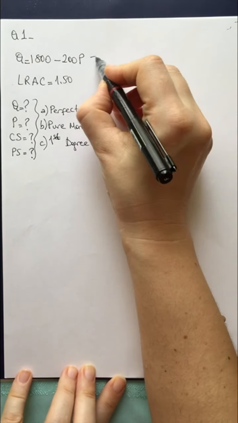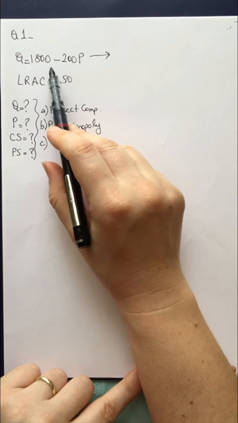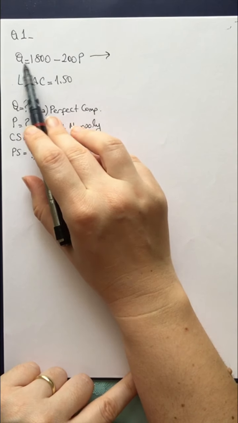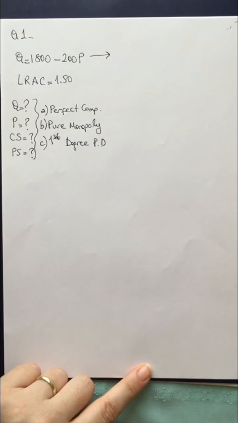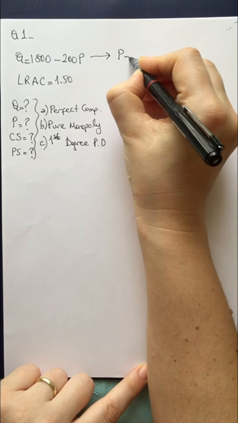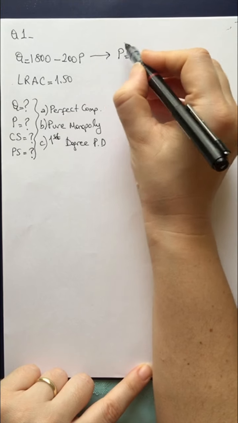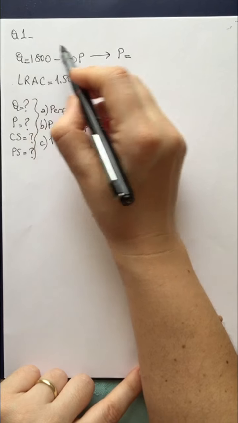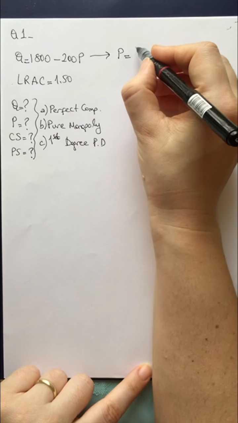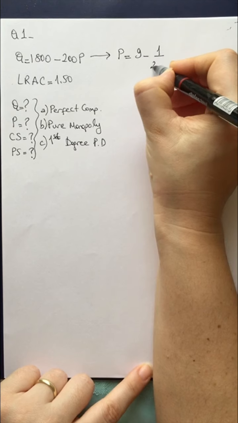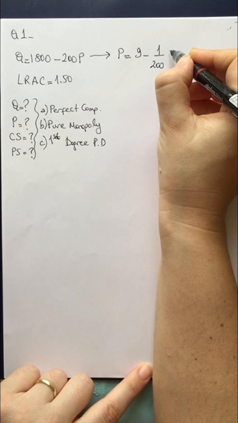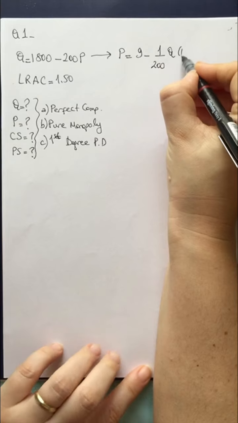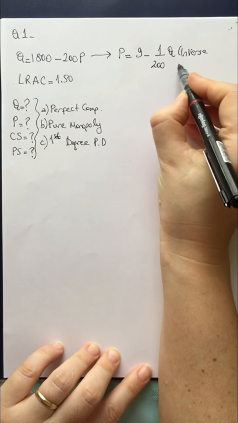Okay, now let's start by finding the inverse demand function, because we need it to find the marginal revenue in terms of Q. So the inverse demand function will be 200p equal to 1800 minus Q, and p equal to 9 minus 1 over 200 Q. That is our inverse demand function.